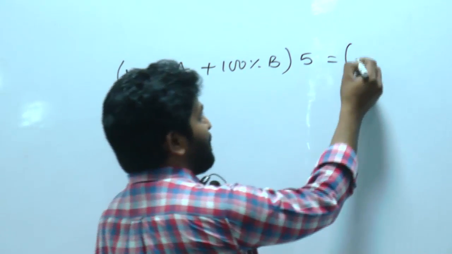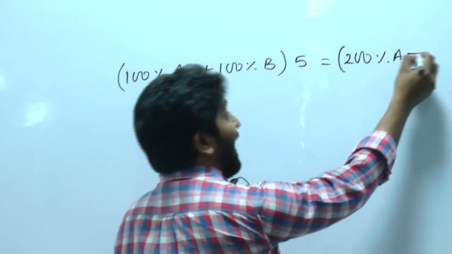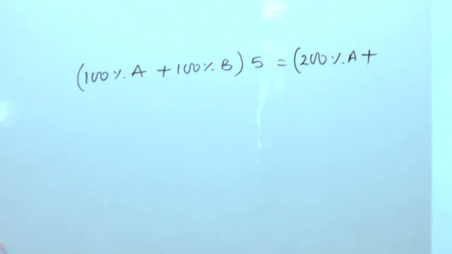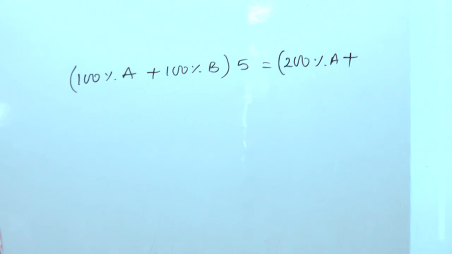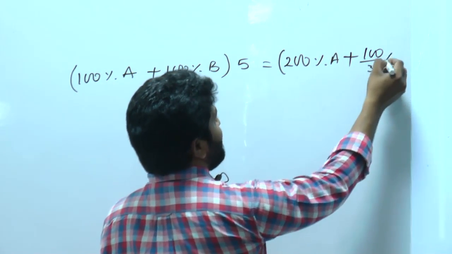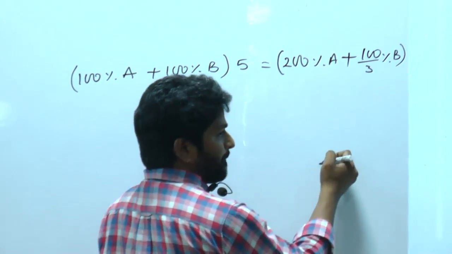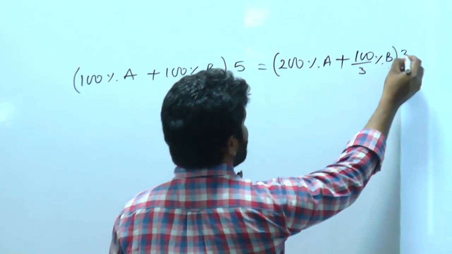In the sense, now he is working with 200% efficiency of A, and B works with 2 by 3 times less as efficient. 2/3 less in the sense 1/3, 1/3 in the sense 100 by 3% as efficient as B. But now they are taking how many days? Now they can complete the work in 3 days.